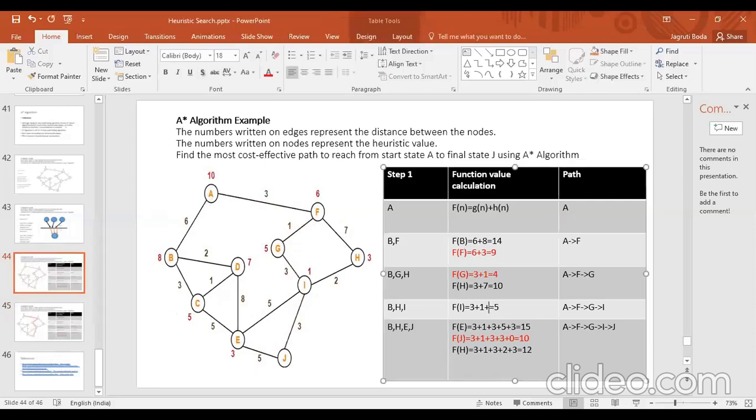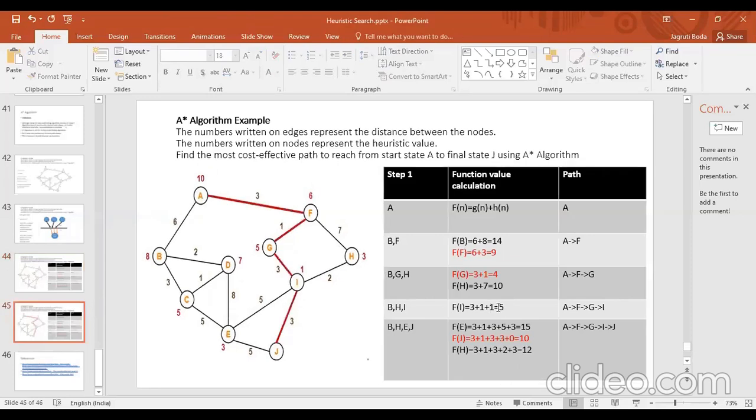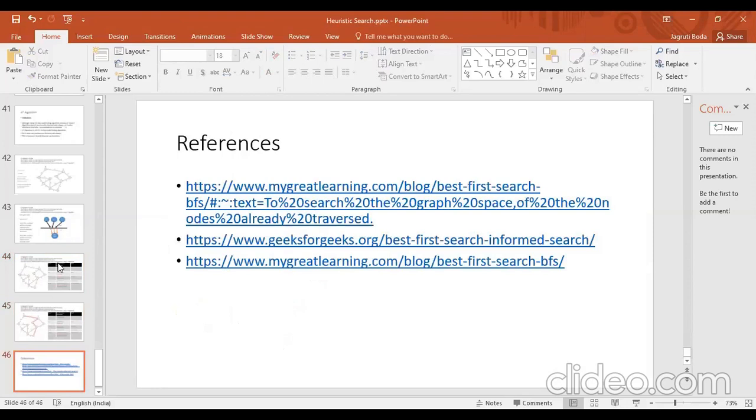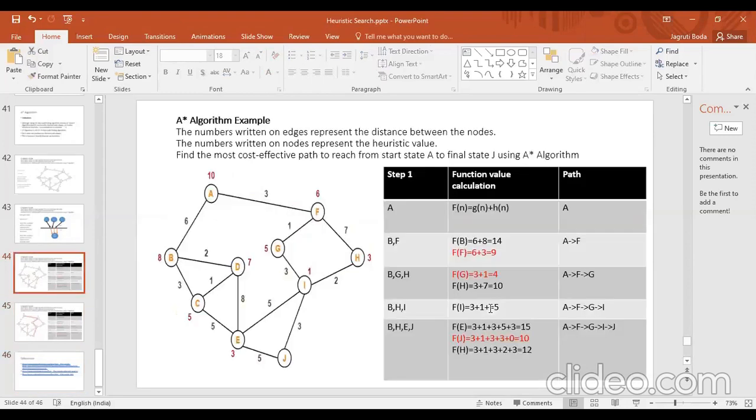So what is the value of calculation? So 3 plus 3, 6 plus 1 is equal to 7. So what is the value of f of I? That is 3 plus 1 plus 3, right? Is equal to 7. So here only one path is there because G has one successor. So I choose the A, F, G and I.